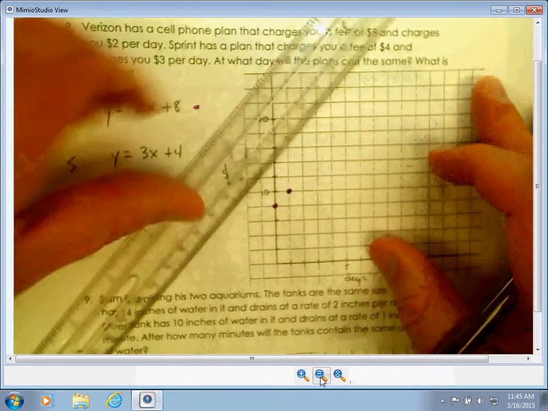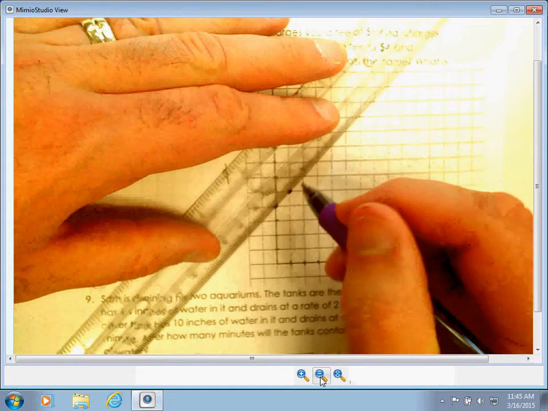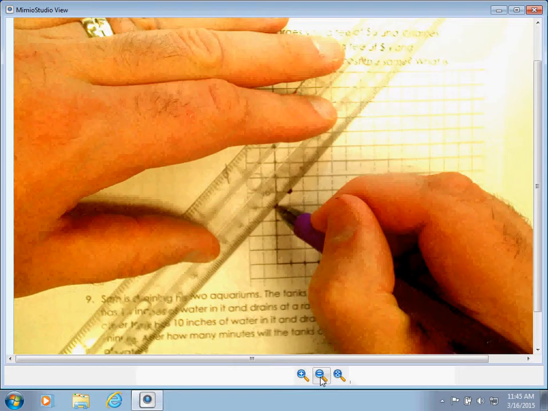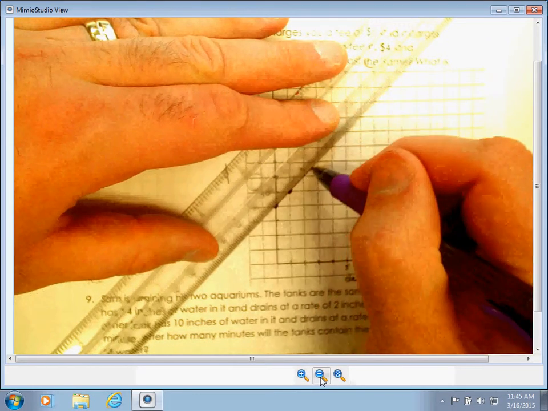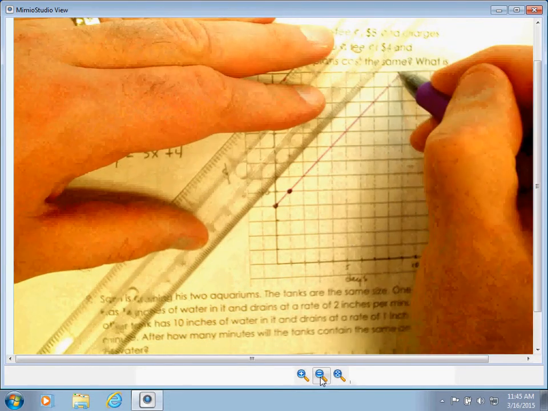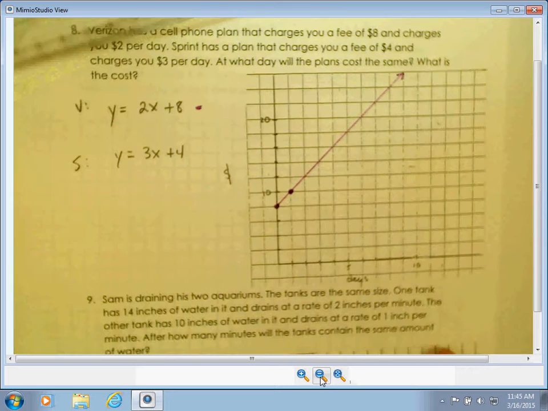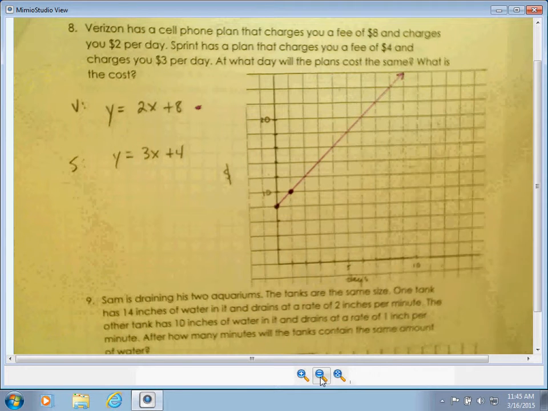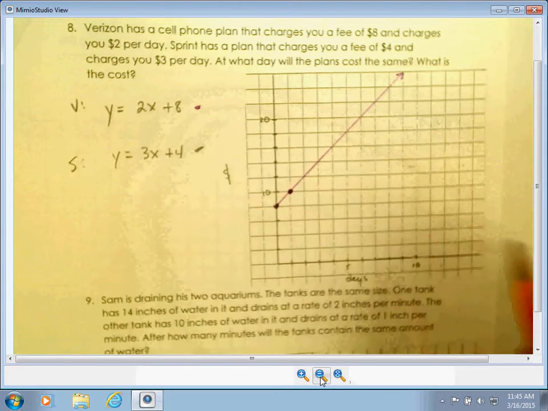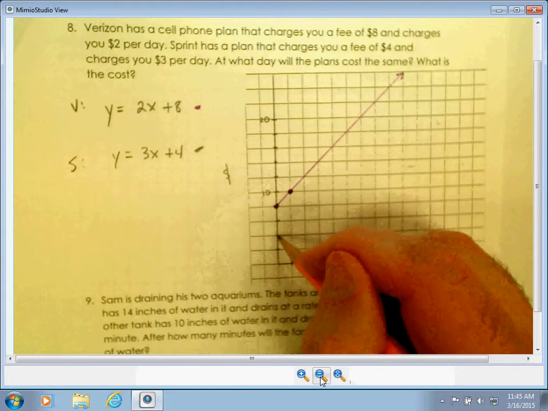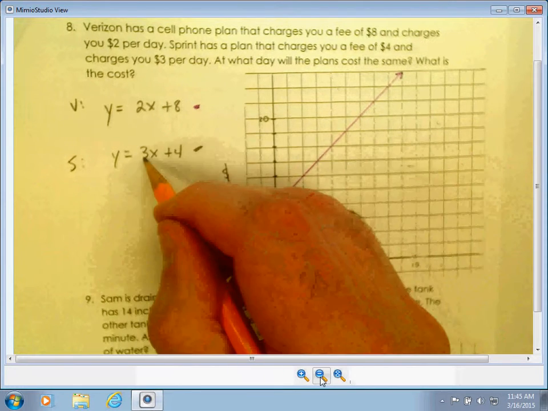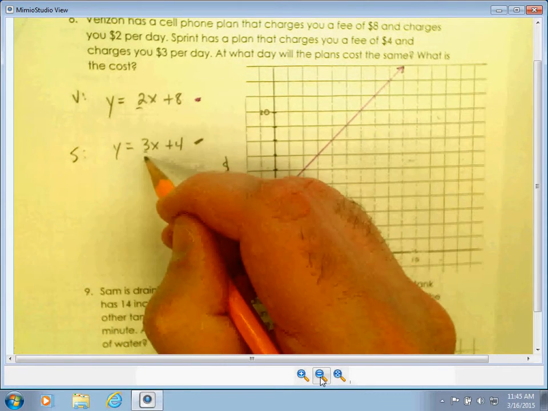So the graph for Verizon looks like that. So I'll just do Sprint in regular pencil. This one says to start at 4, so up to 4, and then from there I need to go up 3 and over 1 according to my slope.